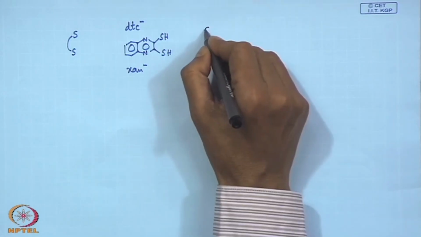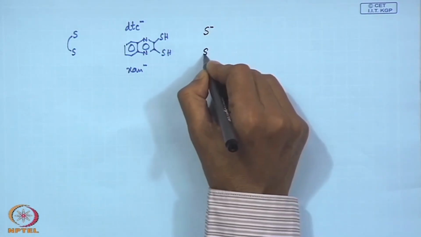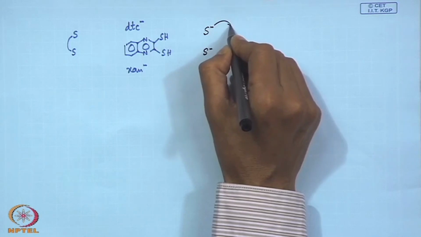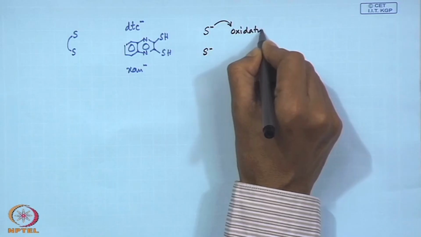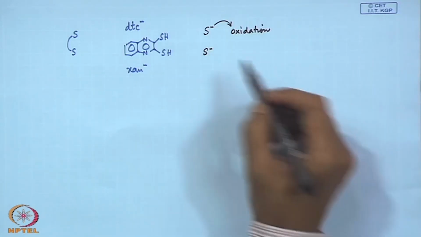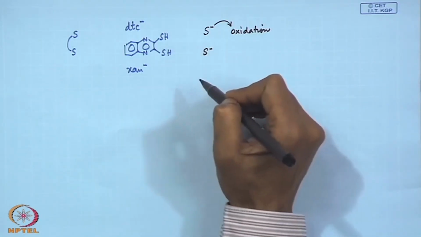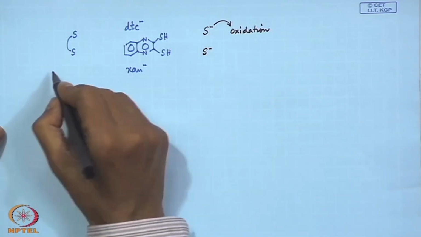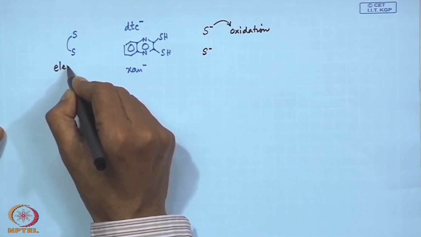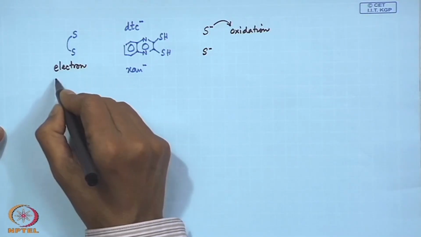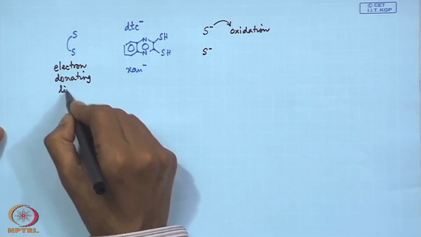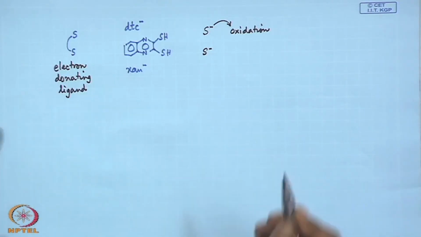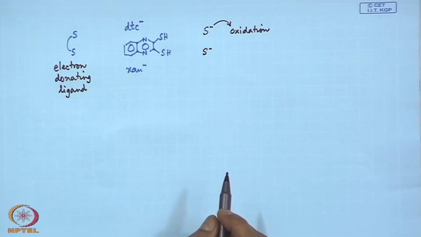Whenever we have sulfur, we have a higher electronic charge on these sulfur groups. This can be donated, or we see the corresponding oxidation. So this is the typical type of ligand system which can function as an electron donating ligand for the corresponding ligand to ligand charge transfer transition.